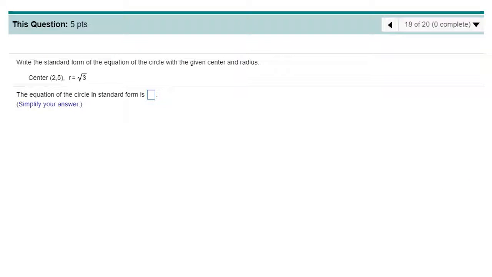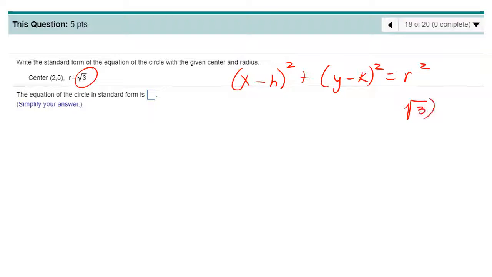On number 18, we have to put together the formula for the circle, the standard form. Again, recall that's x minus h quantity squared plus y minus k quantity squared equals r squared. And this time r is a square root, so it will look something like that. The h and the k are 2 and 5 respectively.